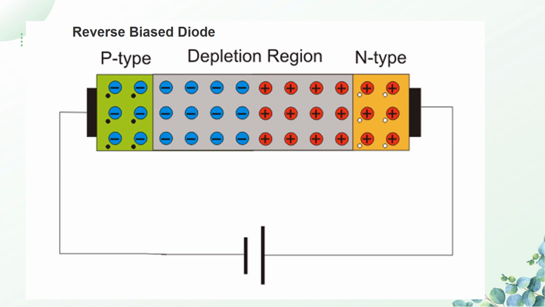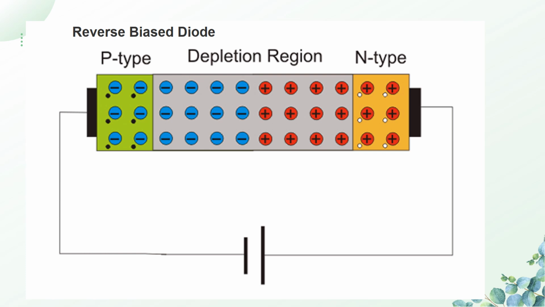Now what happens to the junction is, at the junction the charge carriers try to move towards the battery. So the junction becomes depleted of charges, so the width of the depletion region will be more and the diode never conducts because it doesn't contain any charge carriers, since all the carriers are moving towards the battery.